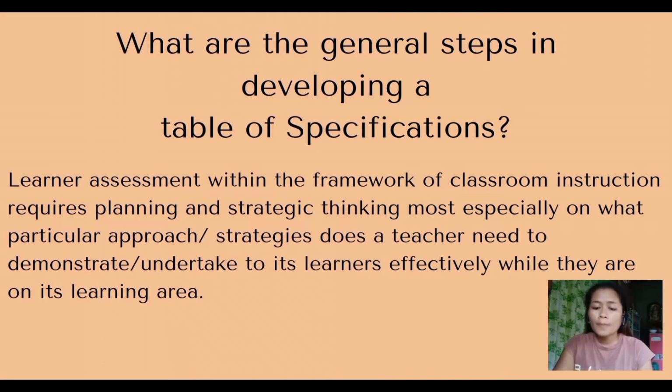So, in developing a table of specifications, we need to follow different steps because it is our main guide to create effective instruction or strategies, particularly in the classroom. We need to think critically because the students' understanding and learning must be considered.